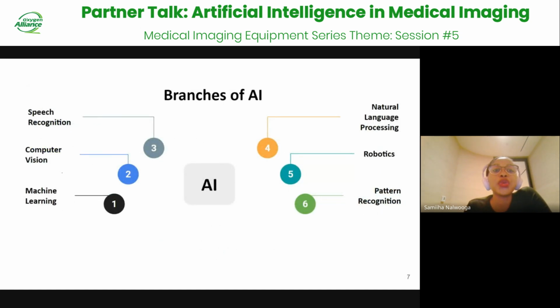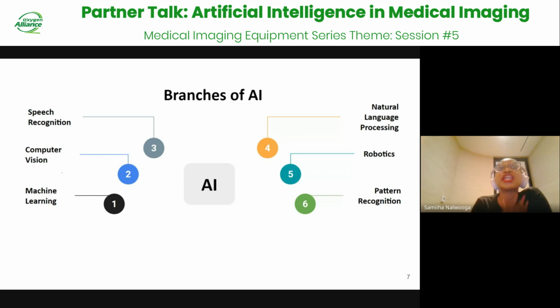So now we come to the branches of AI. Like I said, AI is just the ability to make a computer think like a human being. There are different branches of AI. Let's start with machine learning. If you've heard of artificial intelligence before, then you obviously know what machine learning is. So what is machine learning?